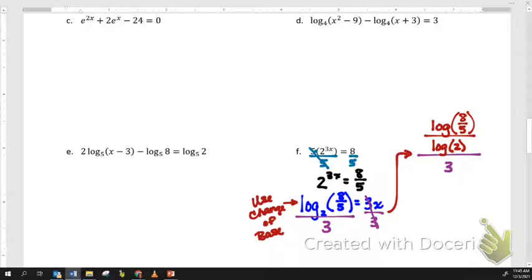So common log of 8/5 divided by common log of 2, whole thing divided by 3. And you get about what? Point what? Yes. When you round this, you get about 0.226 or 0.23. Yep.